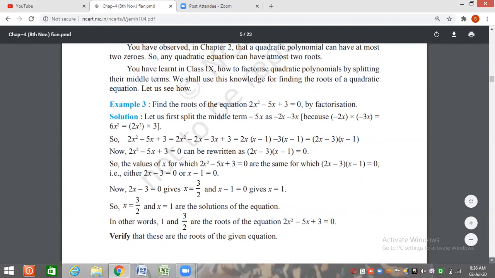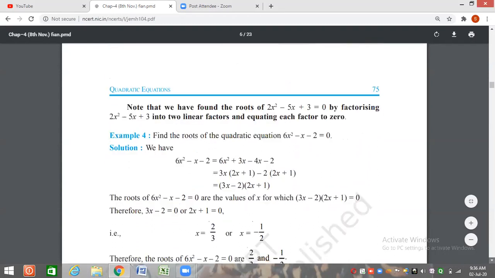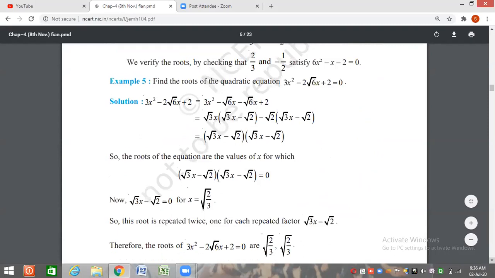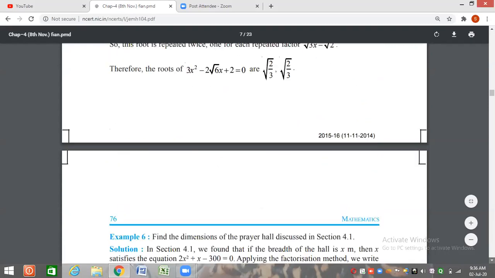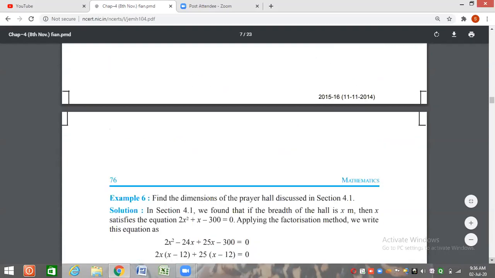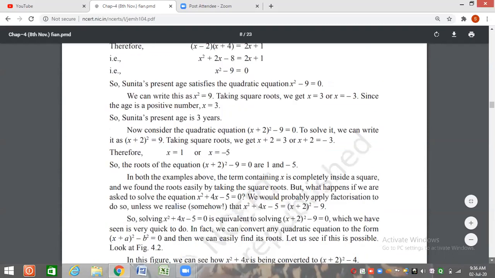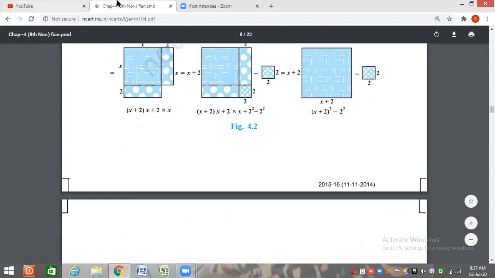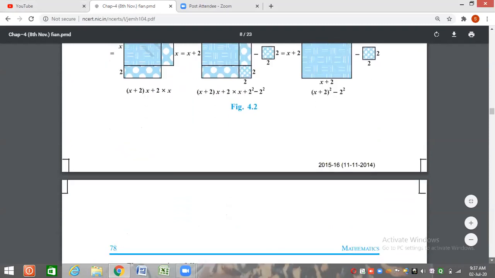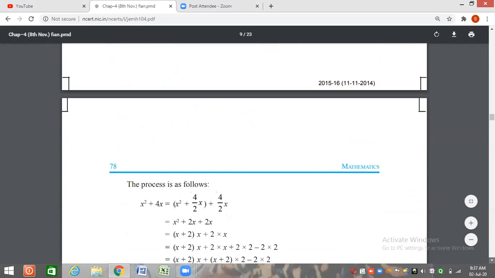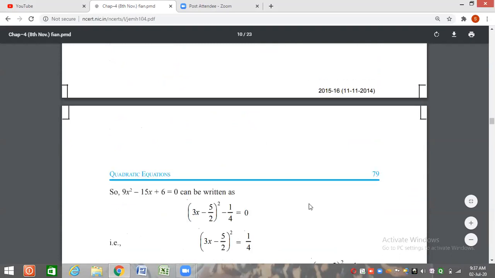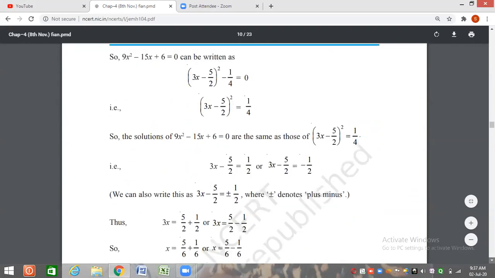So according to splitting the middle term, we will go with the questions and solve. These are the examples that have been given.